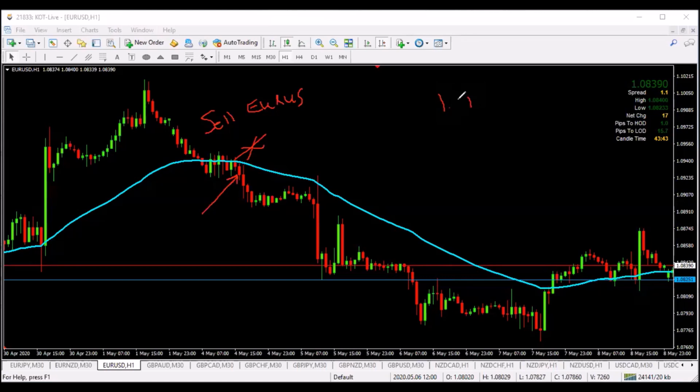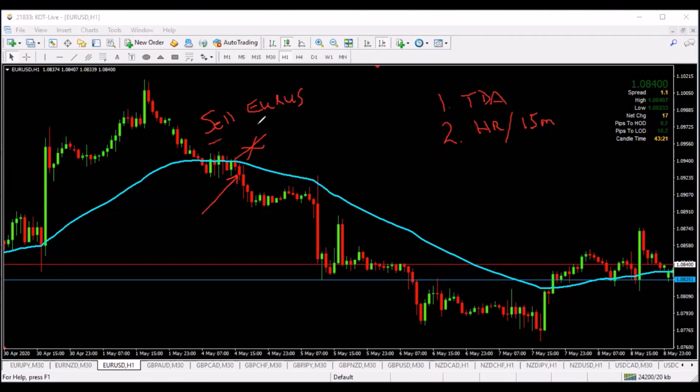Number one, check your top-down analysis, TDA. Number two, because we're scalping, you're going to look at the hour chart. You want your hour chart candle and your 15-minute candle to say the same thing. So if they say sell EURUSD, I'm going to have already done my top-down analysis.